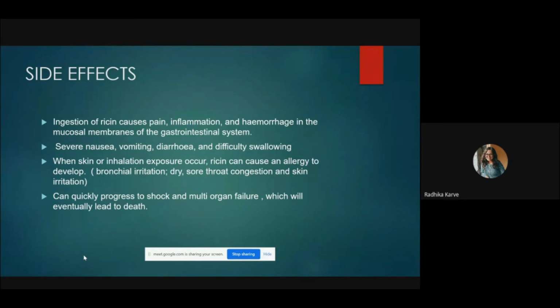We can get vomiting, nausea, diarrhea, etc. But when we are exposed to it through our skin or by inhalation, it causes allergy-like symptoms, like coughing or inability to breathe, and can cause skin irritation. And if not treated properly, it can quickly progress to multi-organ failure, which can cause death.